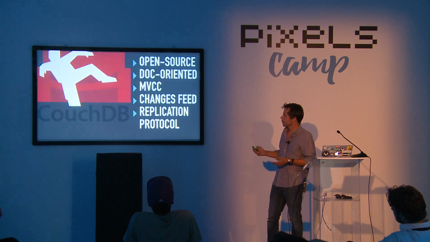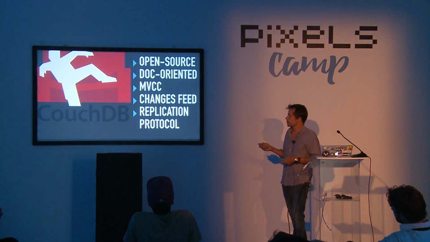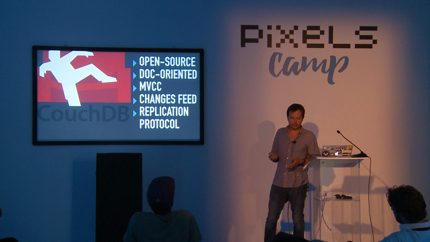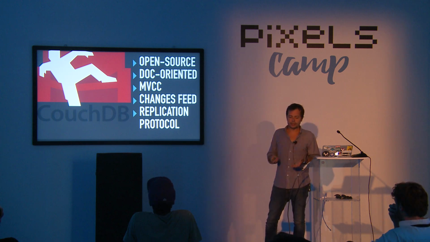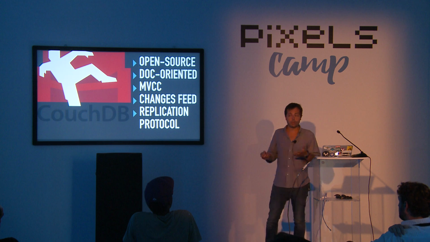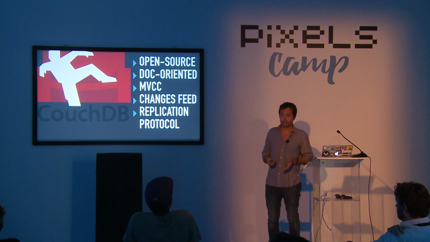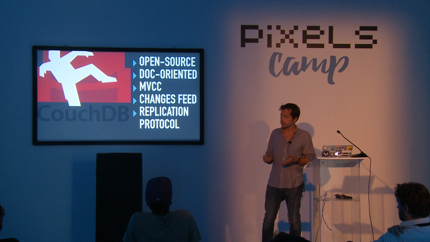CouchDB is an open source database server that is, if you don't know about CouchDB, document oriented, so you can create arbitrary JSON documents and store those documents inside that database.